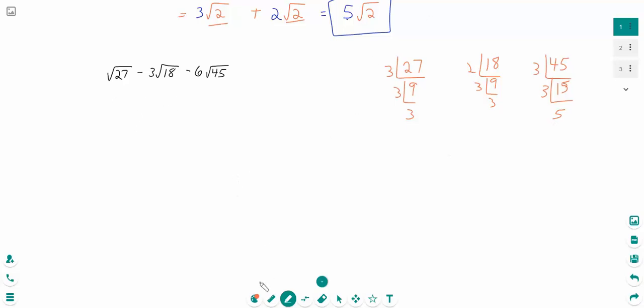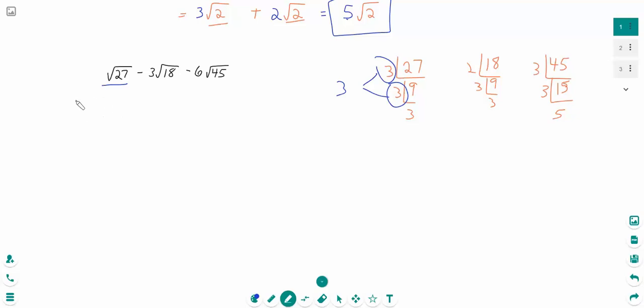Now let's take this first one, this square root of 27, and look at its prime factors and look for pairs. So we have a pair here. So they will kind of equate to a 3, okay? I'm kind of skipping a few steps, doing them in my head, just collecting those pairs.